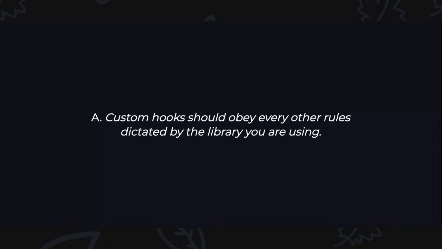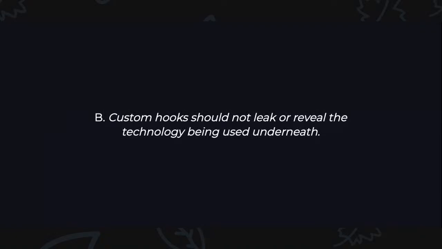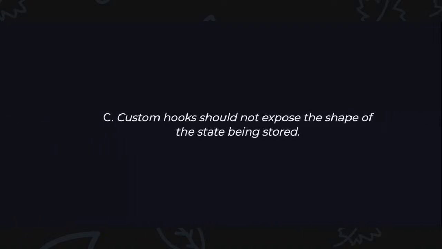So make sure you read that first or use some kind of lint plugin to enforce these rules automatically. The second, the consumer of a custom hook should not know if it is using Context API, Redux, MobX, GraphQL, or whatever else. It should only and always expose an object with functions and data to the UI.